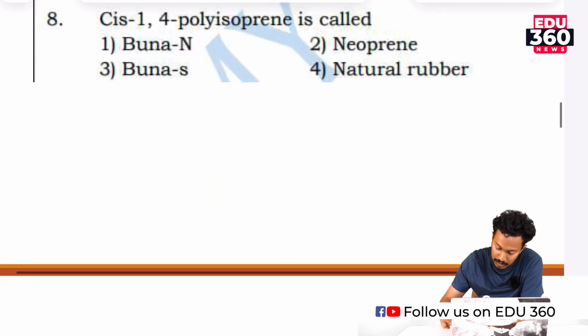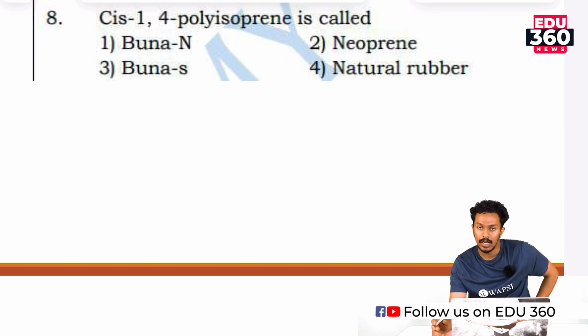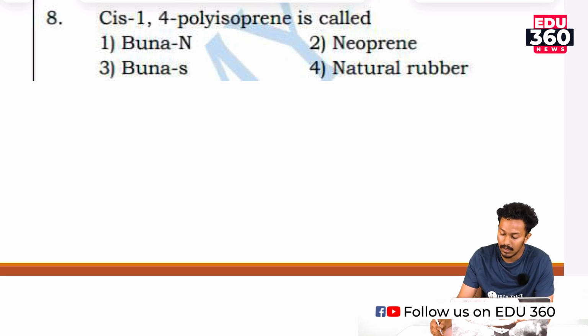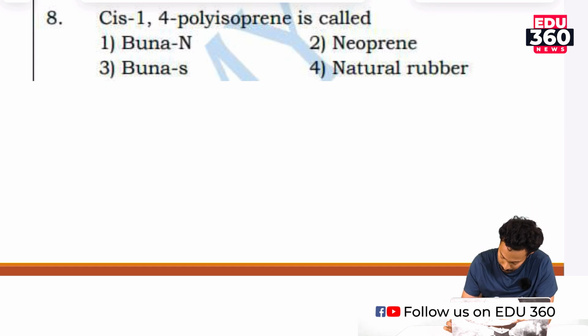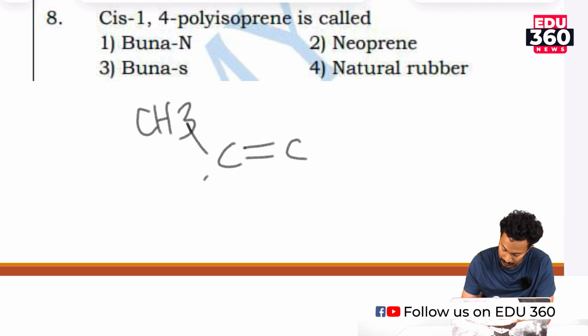And question number 8, cis 1,4 polyisoprene is also called... Well, before answering that, let me first draw the structure of cis 1,4 polyisoprene. Here polyisoprene would be C double bond C, cis, which means 1 CH3 here, CH2 here.